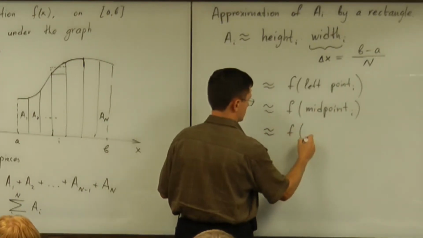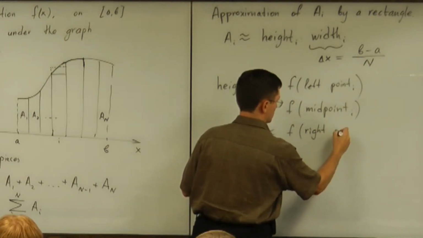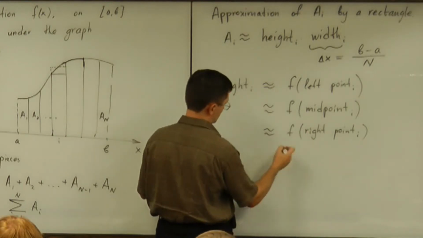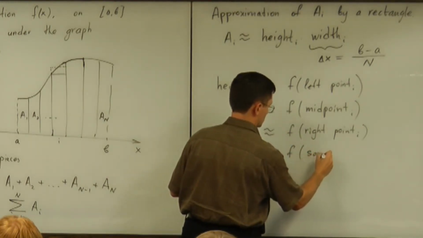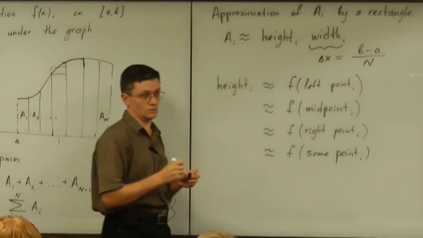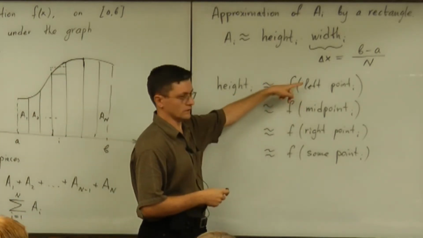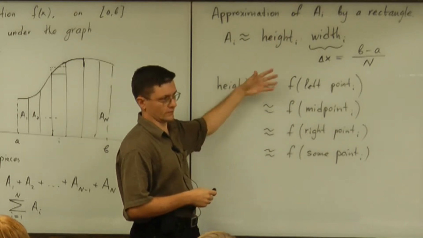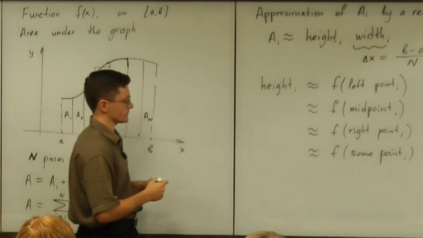Or we can choose the right hand point, or we can choose some point. It will still be an approximation. And the reason I'm listing all these three is because those are the standard things commonly used. So that's the only reason.